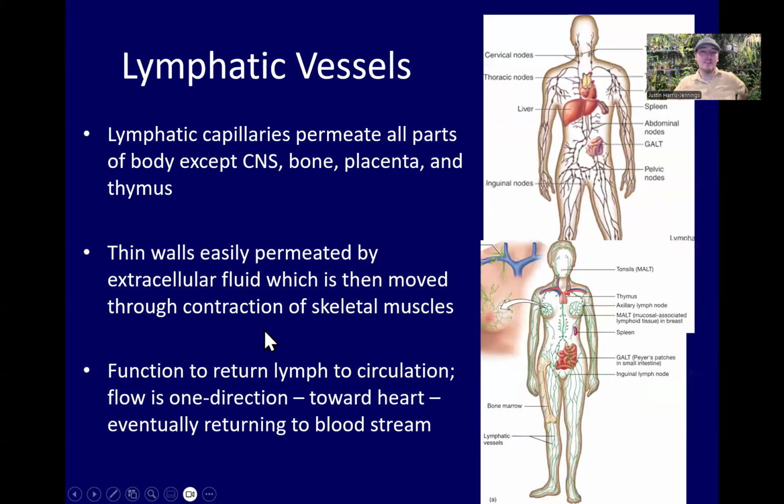We talked about this, but because this lymph system goes throughout the entire body, it allows for you to have these cells monitoring all of your tissues, not just specific things.